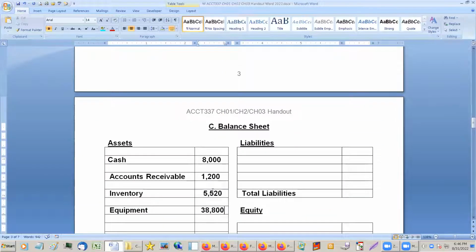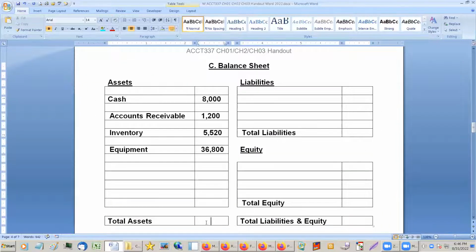Let's try that again. The total is $51,520.